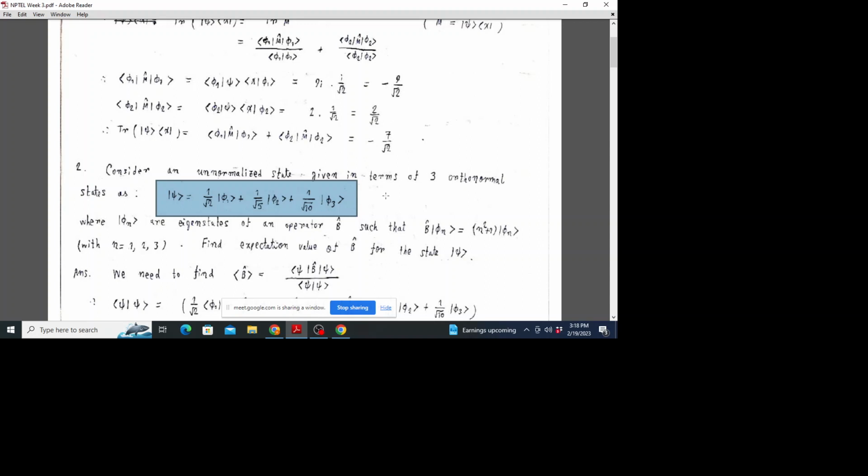By inspection you can see, and it is also given in the question, that psi is unnormalized, because with the given coefficients, if you take the inner product of psi with itself, you will see that this will not be equal to 1. So psi is unnormalized, but psi is just given as a linear combination of three mutually orthogonal states, and those states are also normalized.